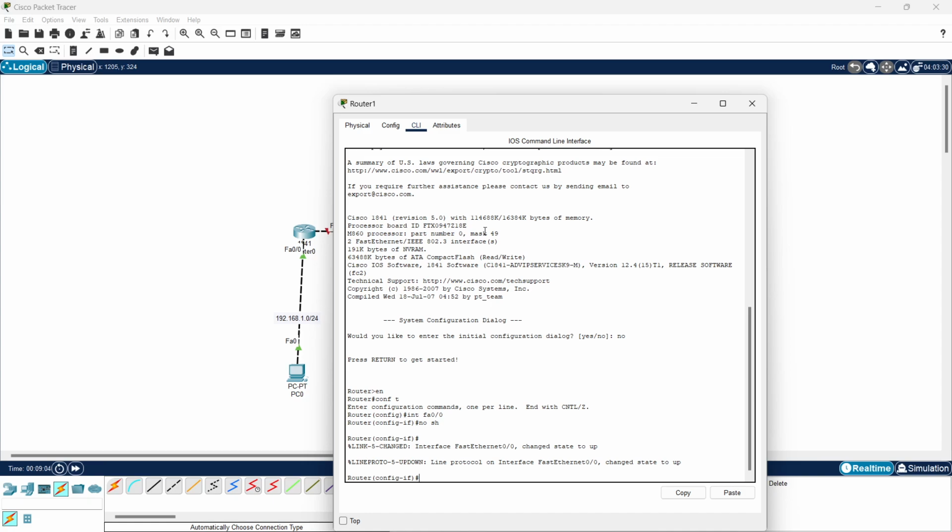After that, we add the IP address 192.168.2.1 with the prefix 24.